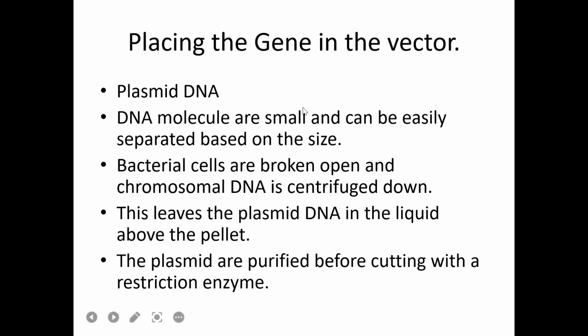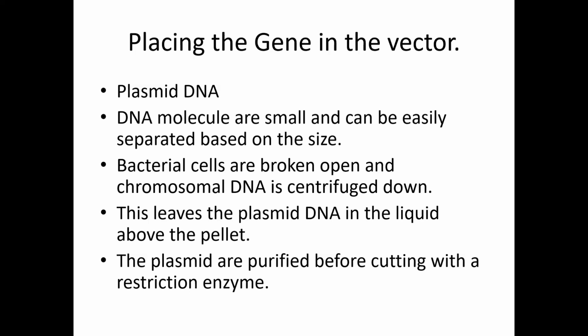Now, DNA molecule, plasmid DNA, placing the gene in the vector. So how will they place? DNA molecules will be separated based on size, smaller and larger. So bacterial cells are broken up and chromosomal DNA is centrifuged down.